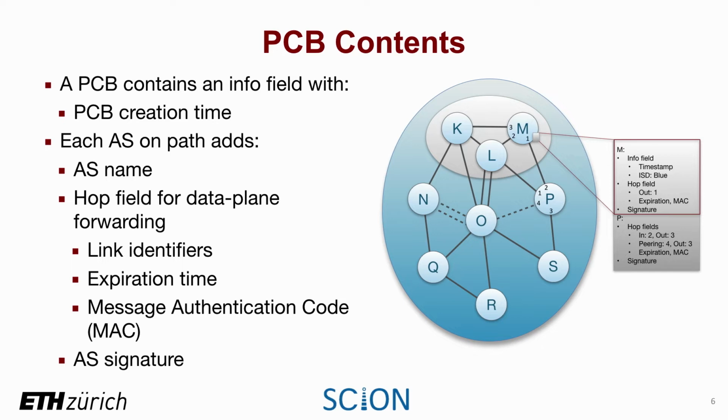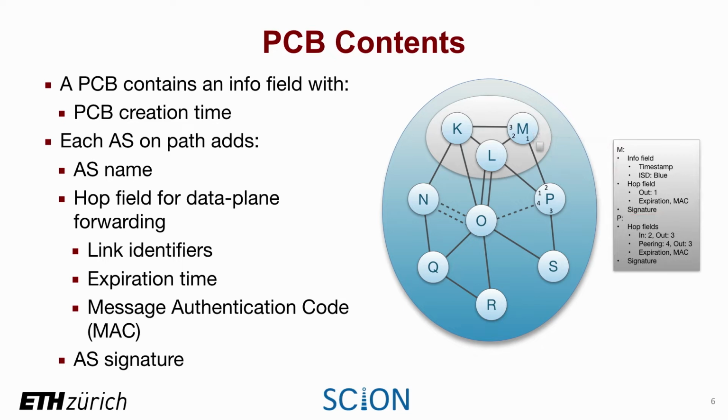P similarly numbers its links from 1 through 4, and you can see that in the hop fields, these numbers are being stored. So AS M adds number 1 to its hop field to identify that this beacon message went across interface identifier 1.